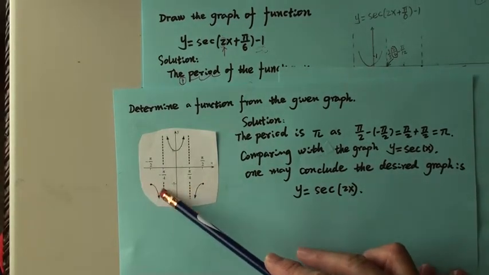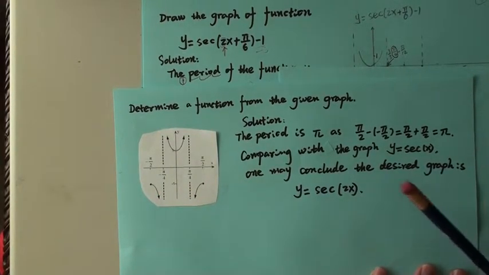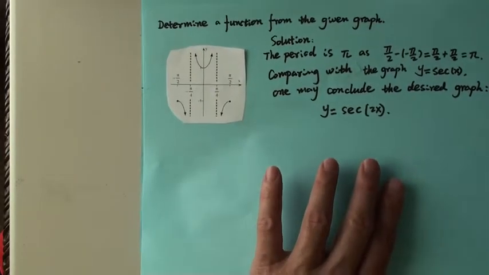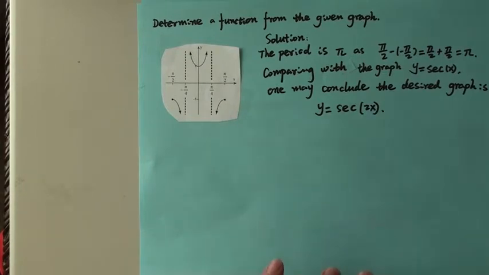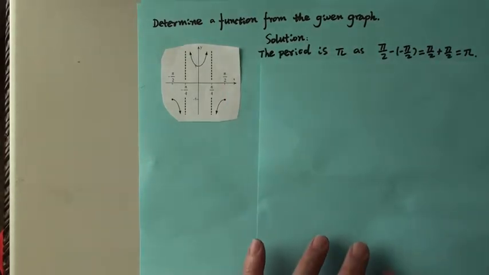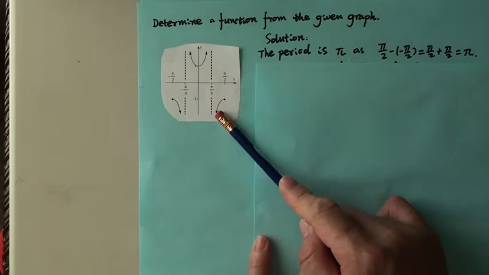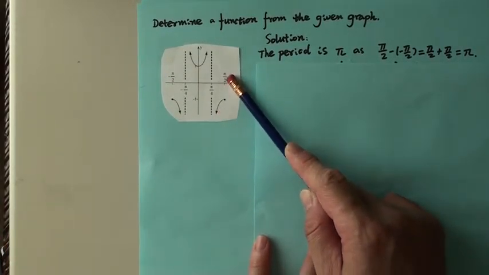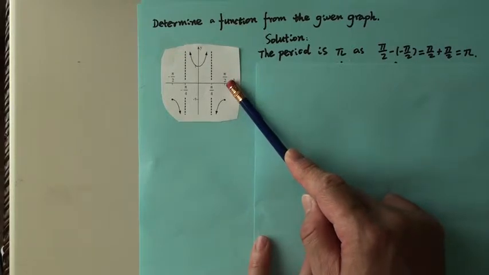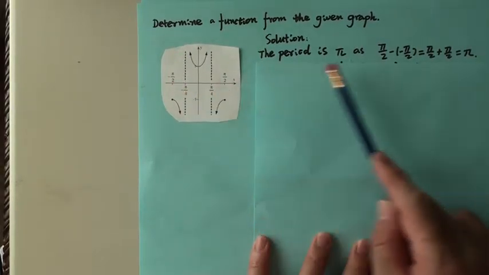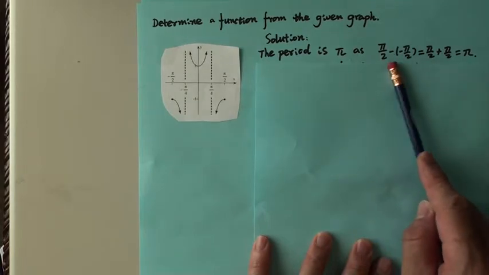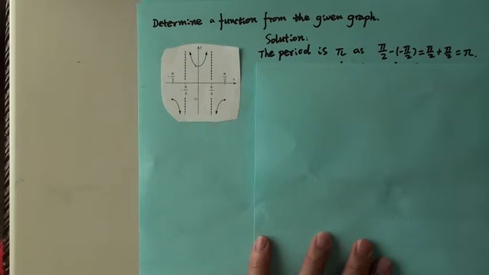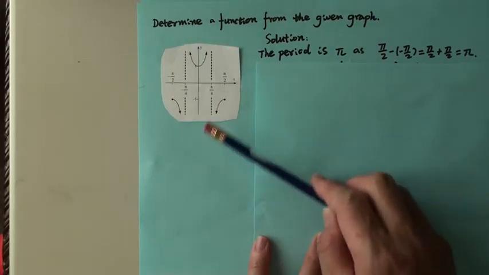So it depends how you are going to look at this. Now we know the period is pi for this function. Again, why? Because pi over 2 subtract negative pi over 2 is pi over 2 plus pi over 2, and that's pi. So the period is pi.